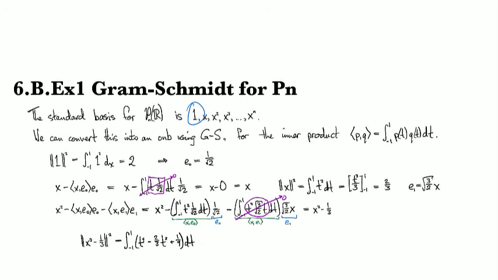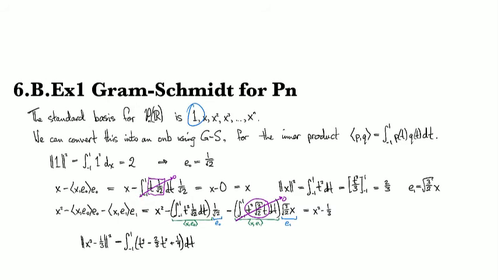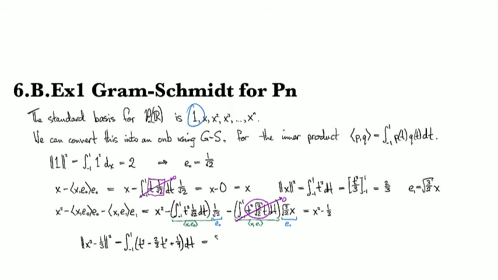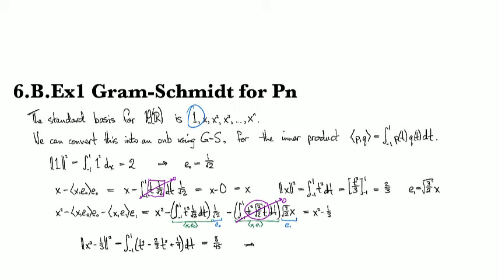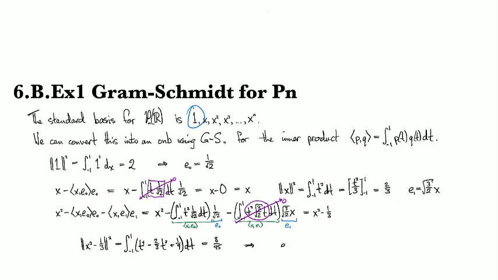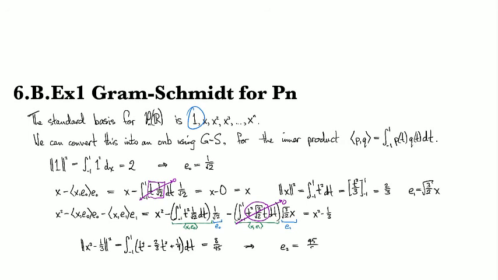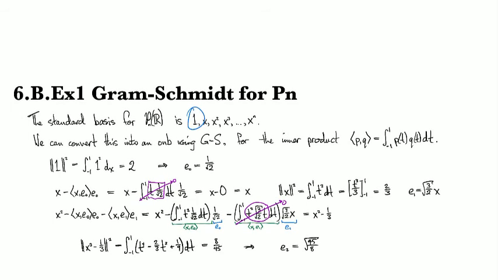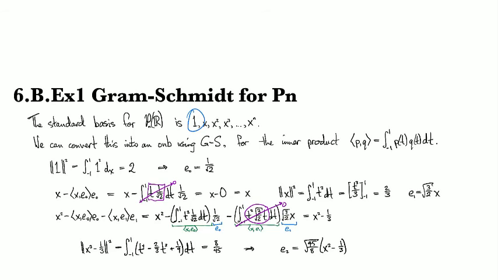I confuse myself switching back and forth between t's inside the integral and x's outside the integral. But that's going to give me 8/45. So then my E2 is going to be the square root of 45/8 times x squared minus 1/3. And so on and so forth.